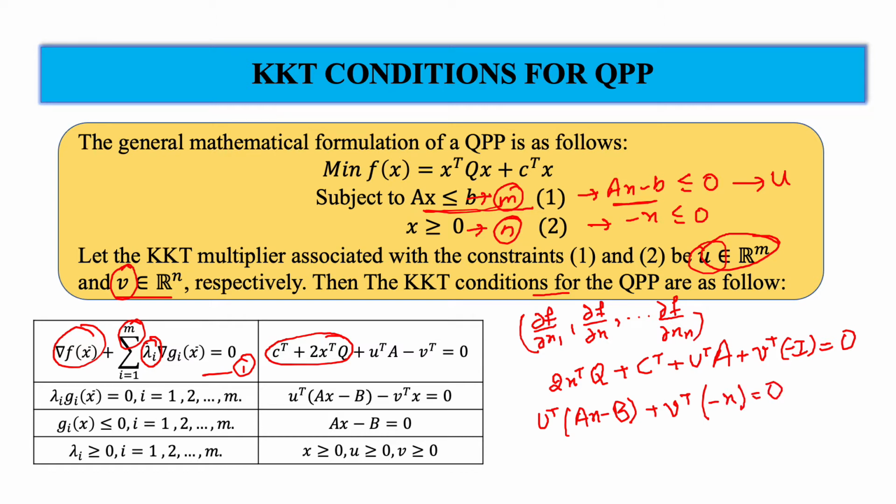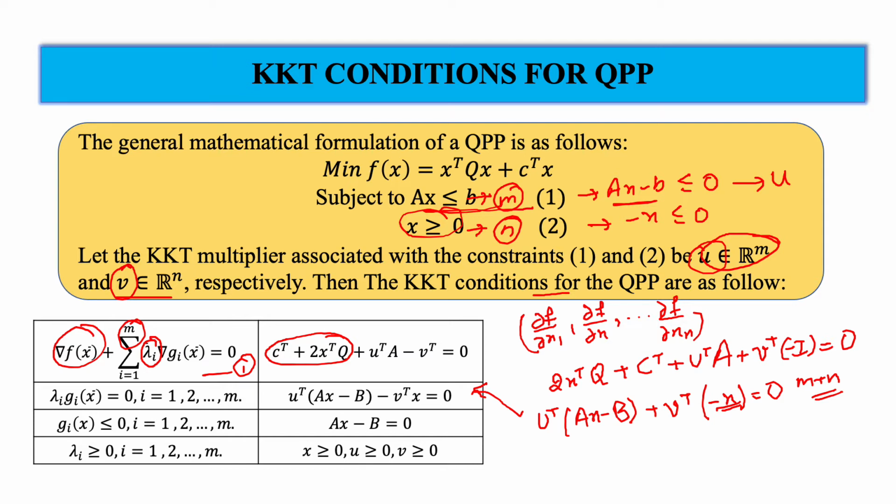So for this problem we have m plus n multipliers, with Ax minus b, the sum of all, like lambda 1 g1 plus lambda 2 g2 and so on, and v times this constraint. So that is our second KKT condition for QPP.